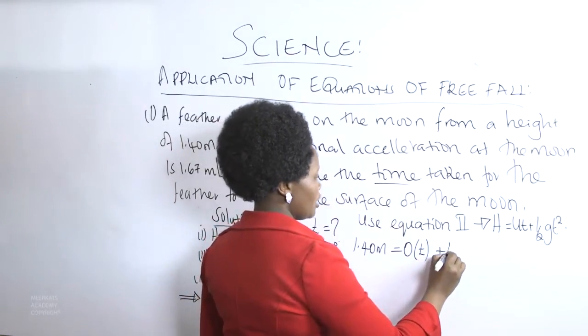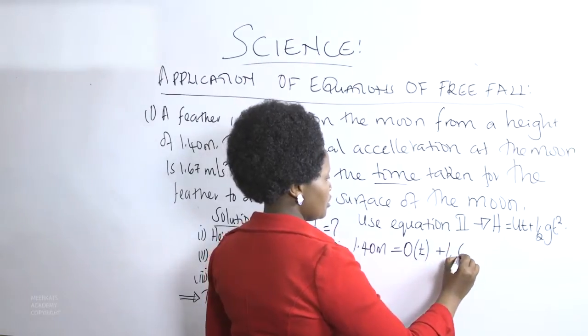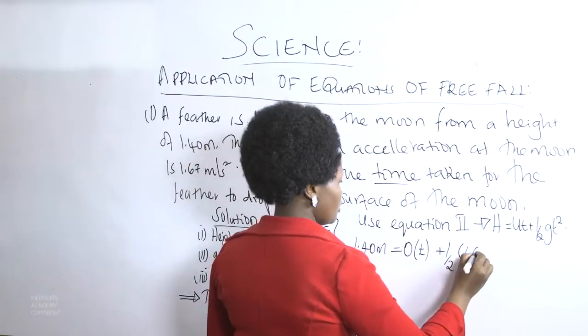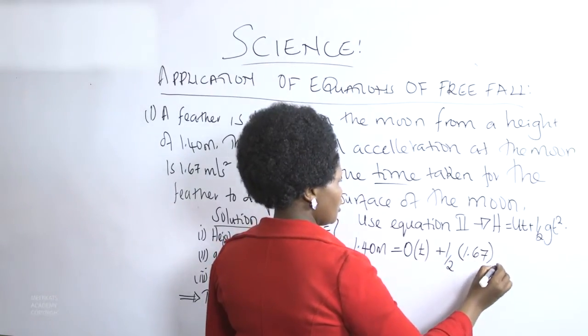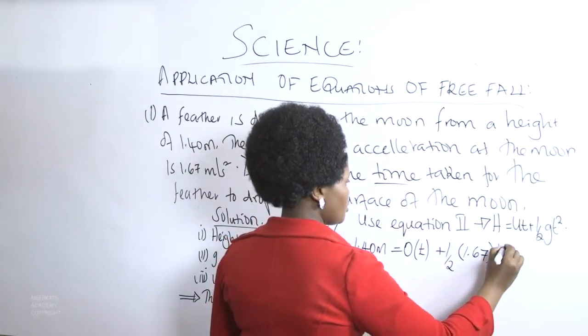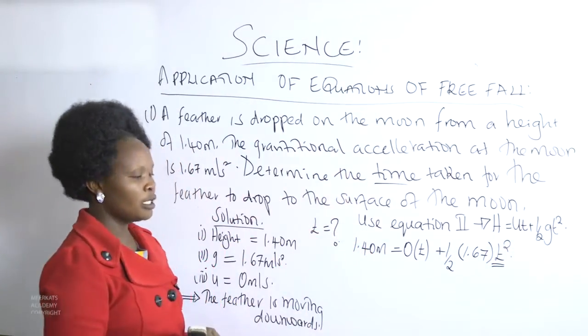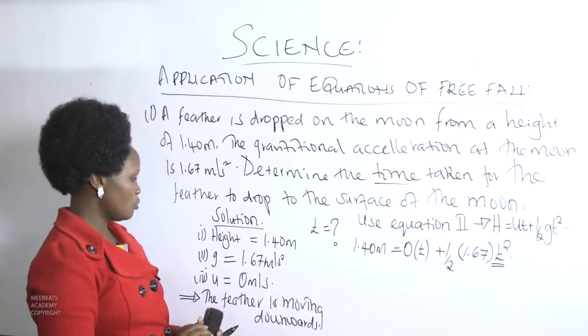Then plus a half. g has been given as 1.67. Then we have our t squared. And remember that t is what we are after.